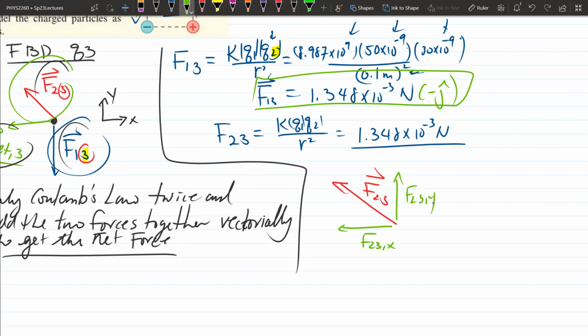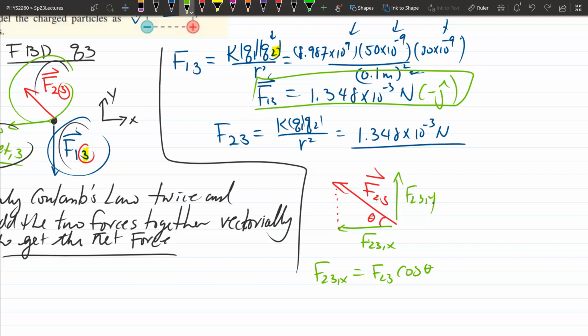This completes a triangle here. If we can figure out what theta is, then the x component here is just going to be the magnitude of 2, 3 times cosine of theta, because this is the adjacent over the hypotenuse.